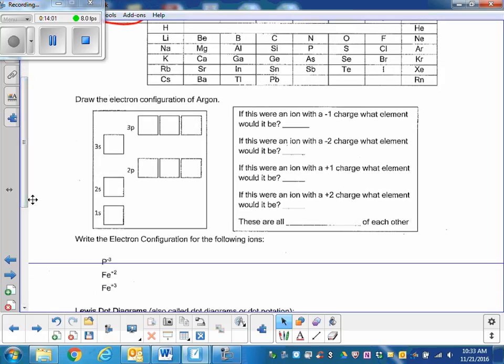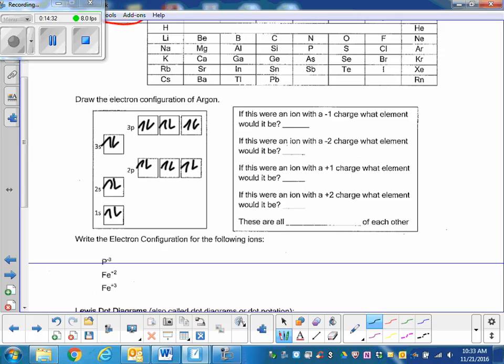So argon has 18 electrons: 1, 2, 3, up to 18. If this were an ion with a charge of -1, did we do that? Please look at the periodic table.